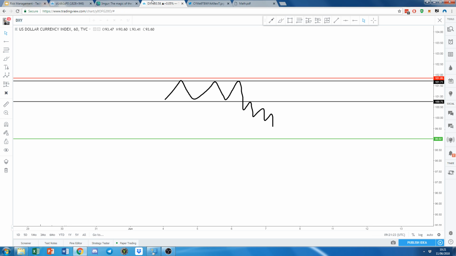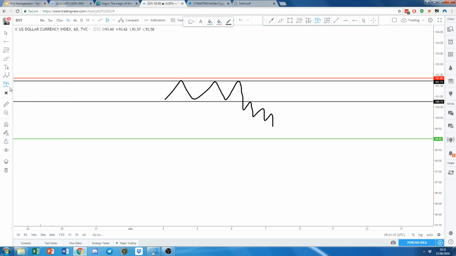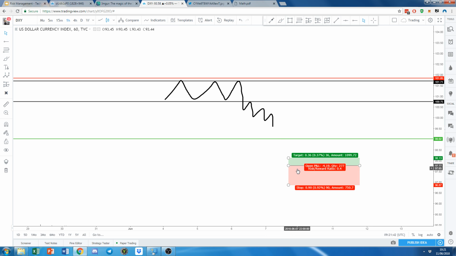If we jump to TradingView, let's say for example, you've got long position and short position tools, which are found in this part of the toolbar. Let's say I want to go short. Well, actually, let's use the example we did. You basically ascertain your entry, target, and stop loss in advance.